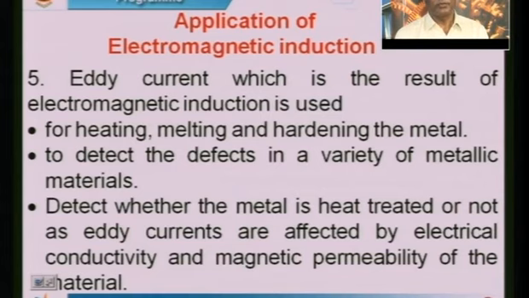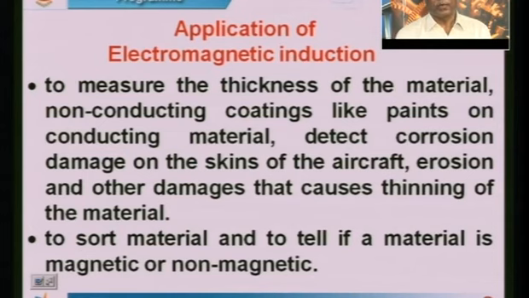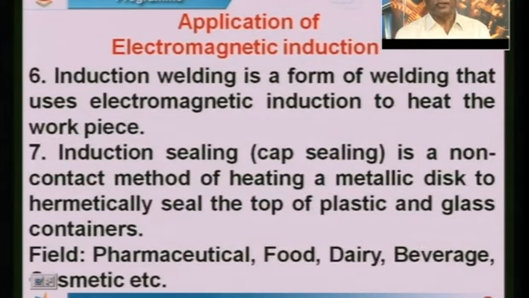Apart from that, it is used to measure the thickness of non-conducting coatings like paints on conducting material, detect corrosion damage on the skins of aircraft, erosion and other damages that cause thinning of the material, and to sort material whether it is magnetic or non-magnetic. Induction welding is a form of welding that uses electromagnetic induction to heat the workpiece.